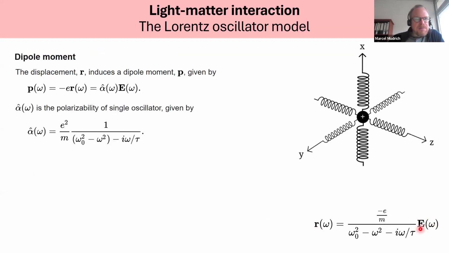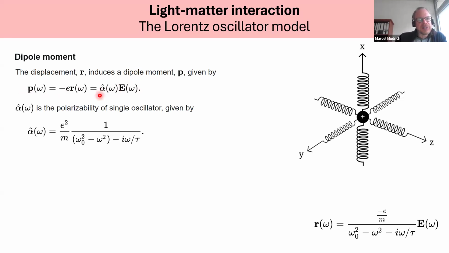And now we can remember that it's a charge that is elongated: charge times elongation times the spatial x vector. This gives us a dipole moment. And the dipole moment as a function of electric field can be written as P equals alpha E, where alpha is the so-called polarizability.